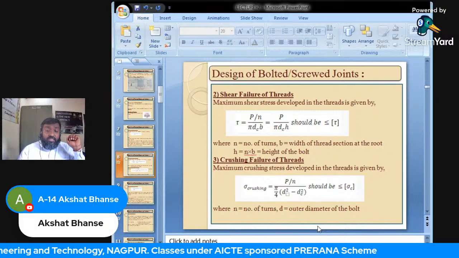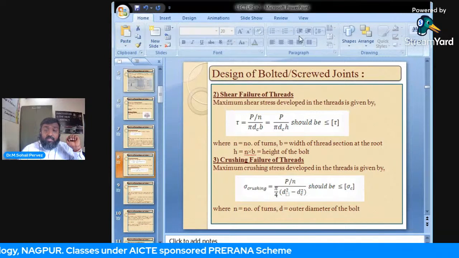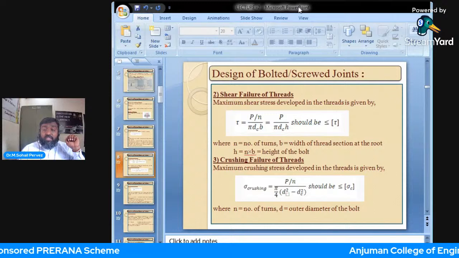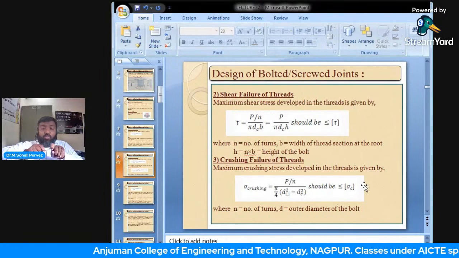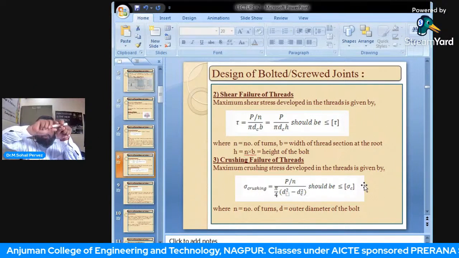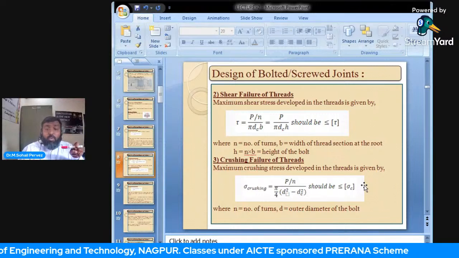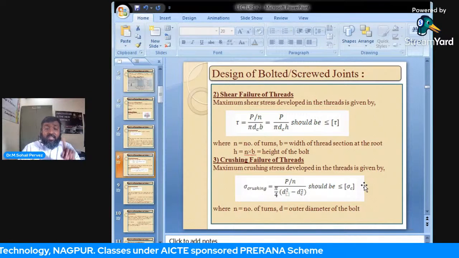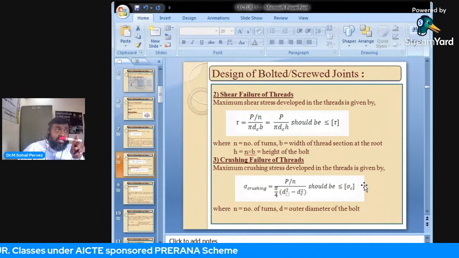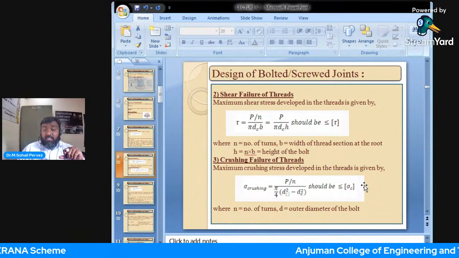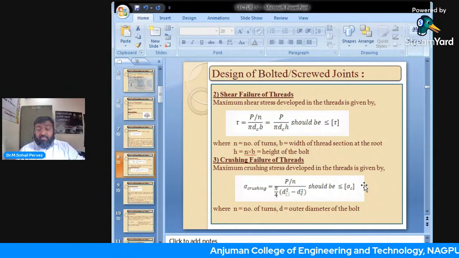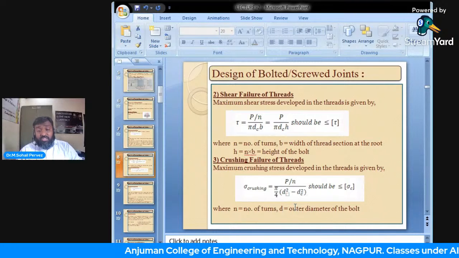Crushing failure of the threads. How will you say crushing failure? Whenever we screw the bolt, it will be held within the nut portion. At that point we have the crushing stress.